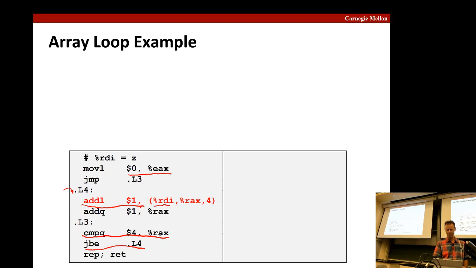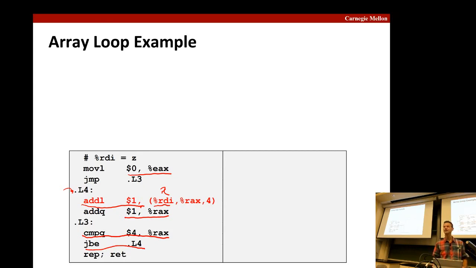If this is Z initially, we're going to add 4 times whatever this address thing is, and then add 1 again, do the comparison and drop out.